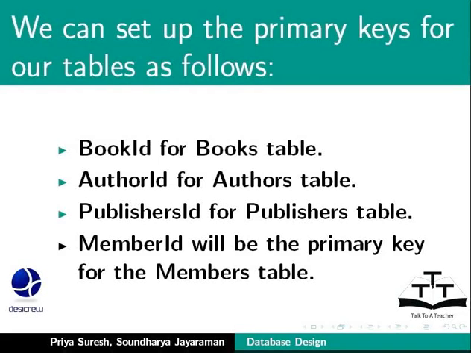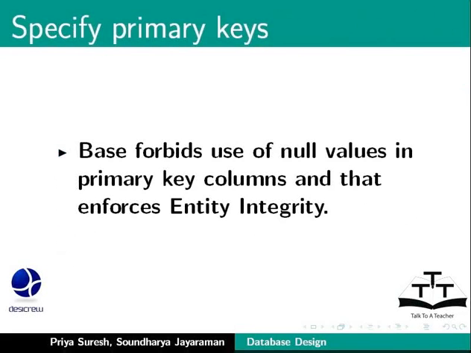Finally, by setting up the primary keys in the tables, we are enforcing entity integrity. Entity integrity ensures that there are no duplicate records within the table. It also ensures that the field that identifies each record within the table is unique and never null.